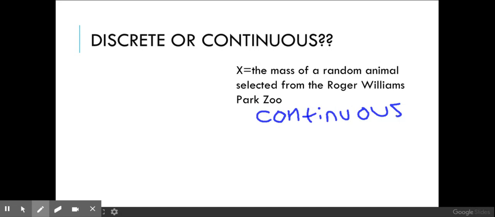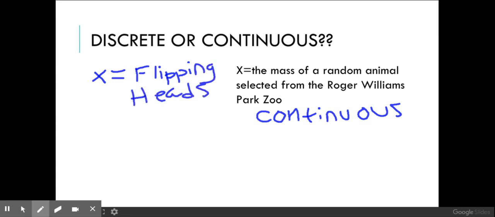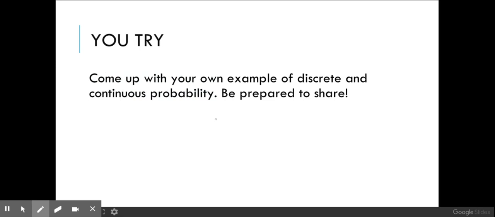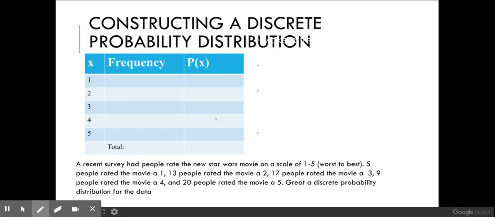And another example we could have, let's say x equals flipping heads. And so this would be discrete. Okay, so this you try, you guys have already done this. There's many that you can come up with.